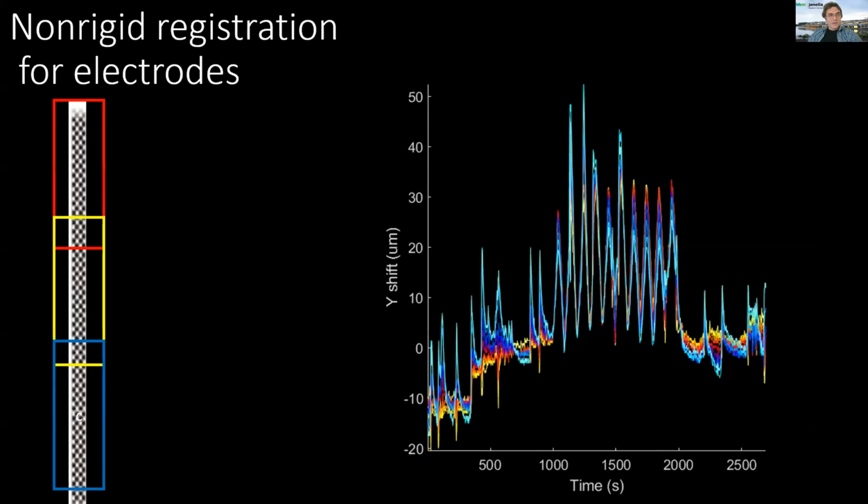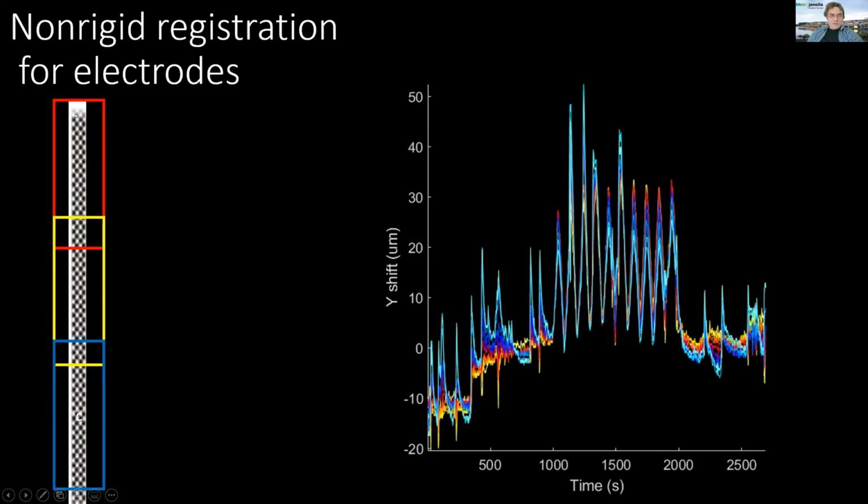And just like for calcium imaging, we call that non-rigid registration. Again, very similar strategy to calcium imaging, we're going to divide the probe into shorter segments. I think in this case, there may be like 1 millimeter or maybe 800 microns, something like that. There's maybe 6 segments for a standard probe.